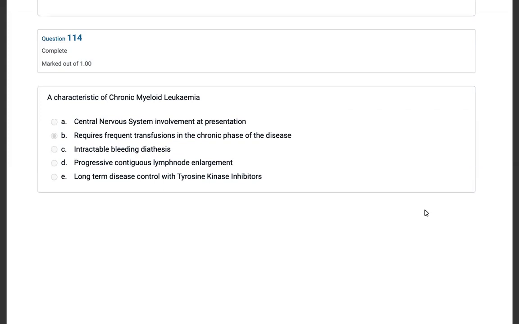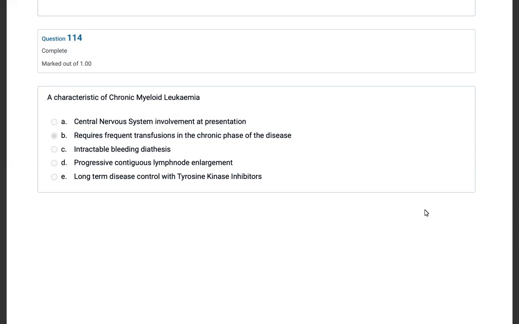So a characteristic of chronic myeloid leukemia is going to be, choice E, long-term disease control with tyrosine kinase inhibitors. If you remember, the groups such as imatinib, even in pharmacology, it was always written that they are the treatment of choice for CML.